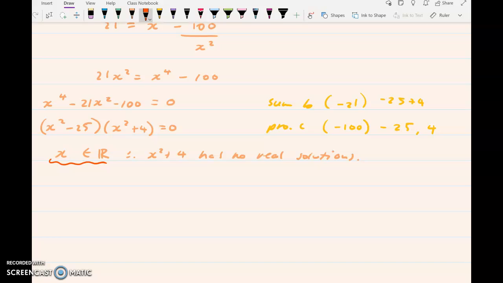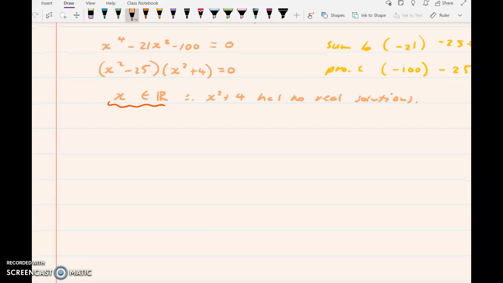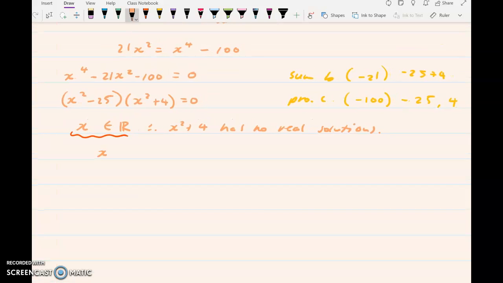That's what that statement says there, and therefore there's no solutions for that. So that means my only solutions lie within x squared minus 25 equals 0. So I have x squared minus 25 equals 0, x squared equals 25, x equals plus minus 5.